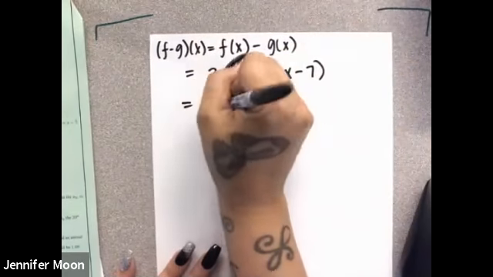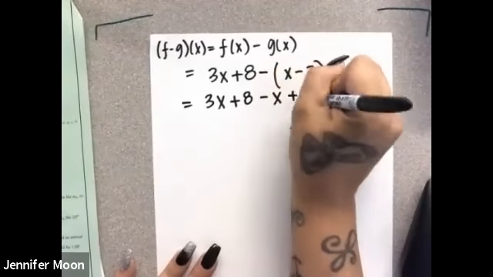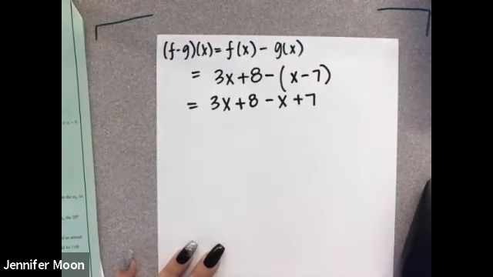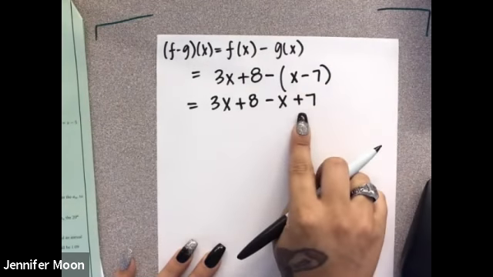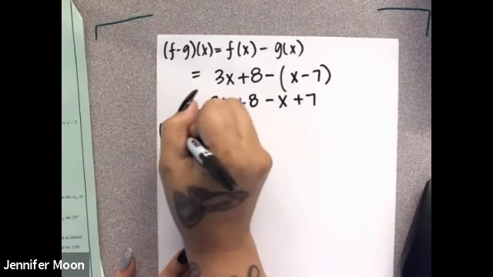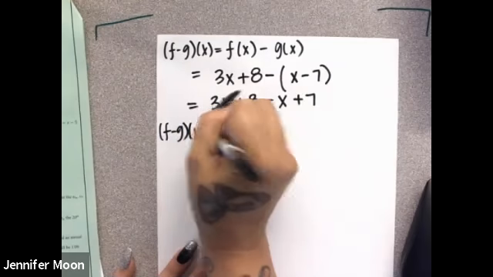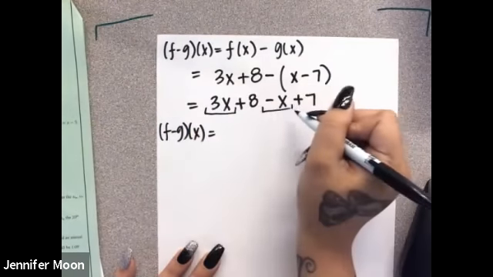So first and foremost, distribute that negative sign, which technically just makes your signs of the binomial inside of the parentheses change. It was positive, now it's negative. It was negative, now it's positive. Now, combine like terms. So my f minus g of x equals, I've got positive 3x minus 1x.